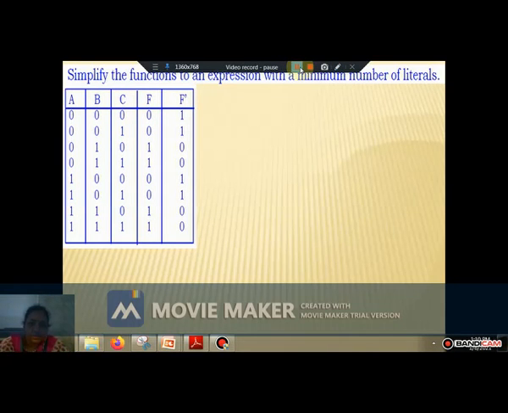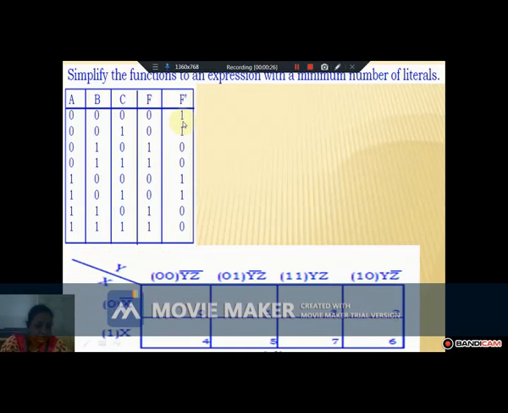As you can see, we have a truth table and we need to simplify using a map, and they have not specified SOP or POS. How do we know whether it is SOP or POS? We need to check the output column. F means SOP and F dash is POS.